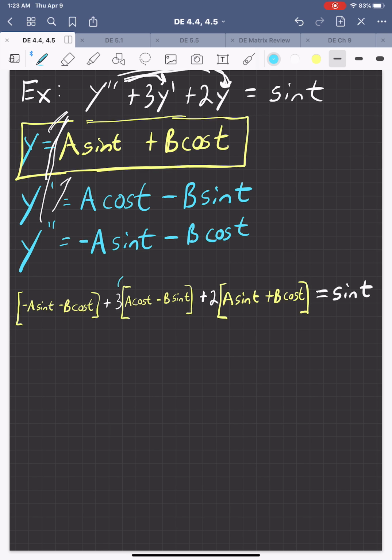What I'm going to do right now is distribute, and I'm going to drop all these brackets.